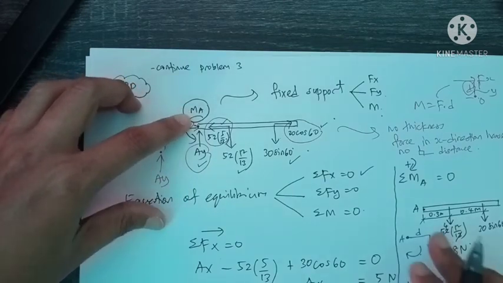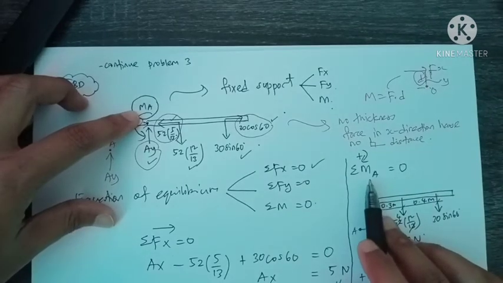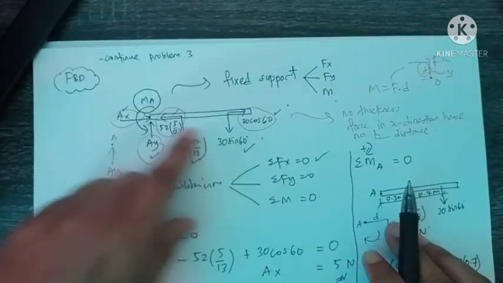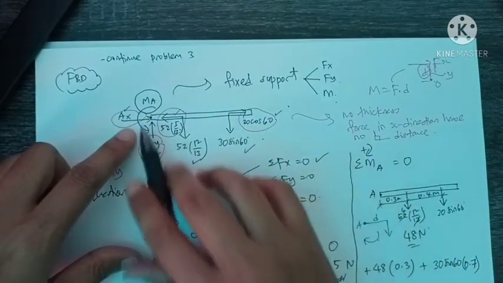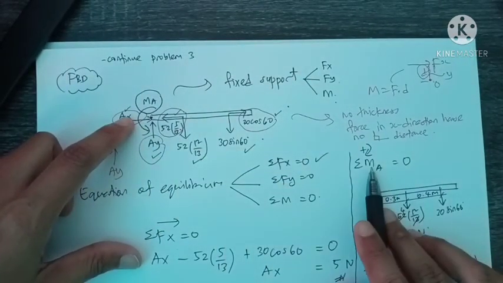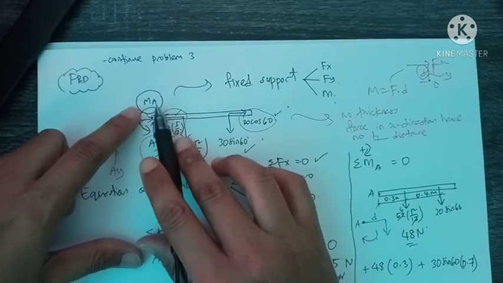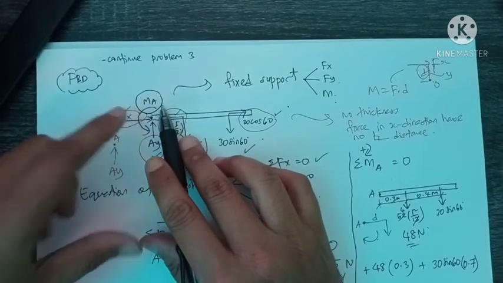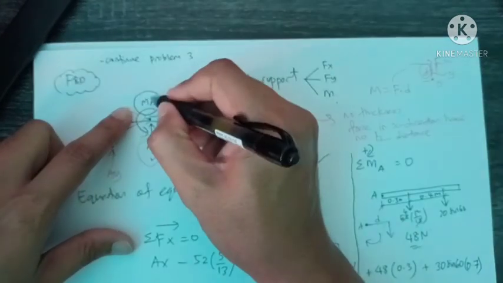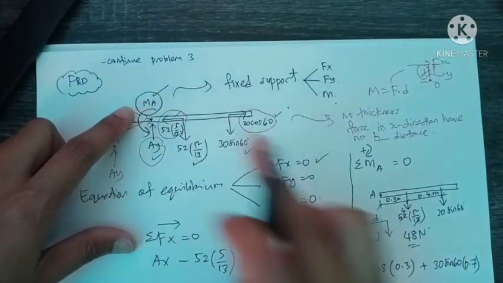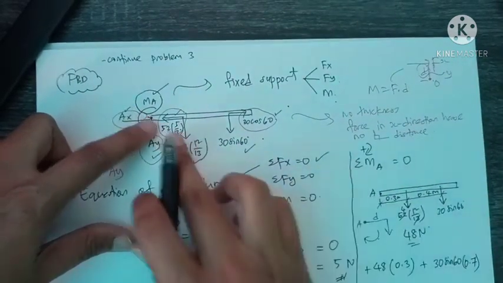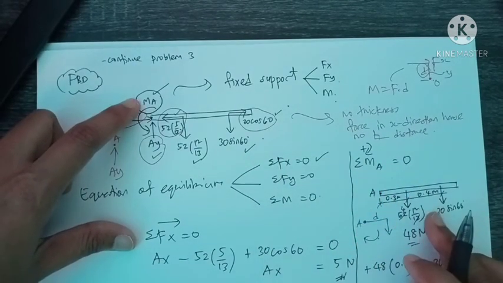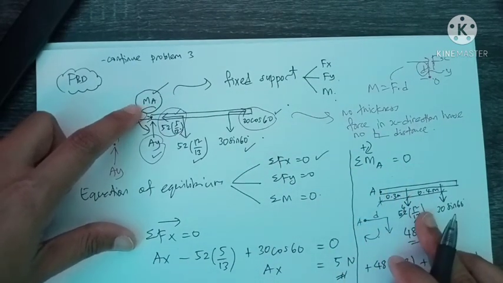Now we are setting up the summation of moment. Any quantity of moment that we have in this rigid body must be put in the equation of moment. So we have this moment MA, and we just put it in this equation, because the quantity of moment is already in Newton meter, not a force.